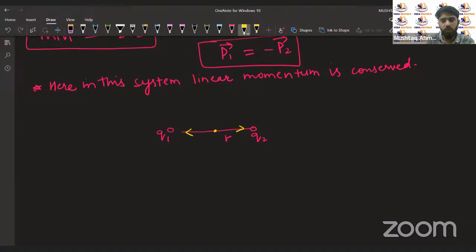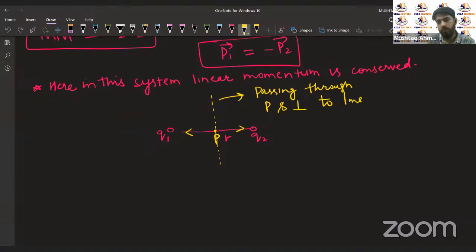Suppose that I choose a point P here, and I draw an axis which is passing through this point P and perpendicular to the line joining q1 and q2.